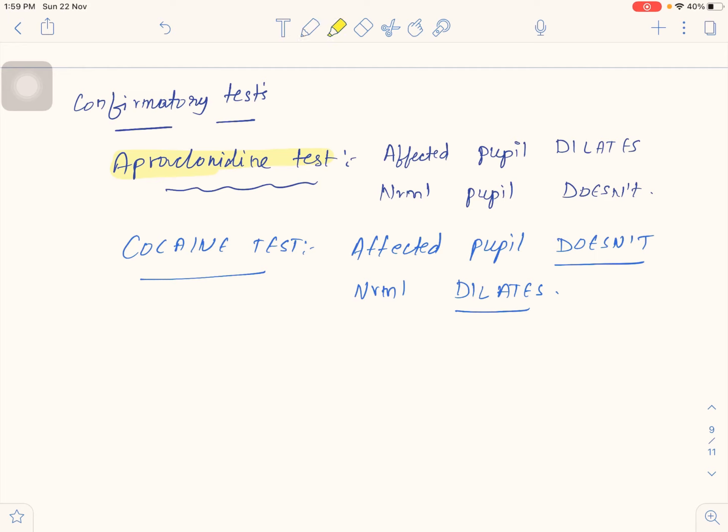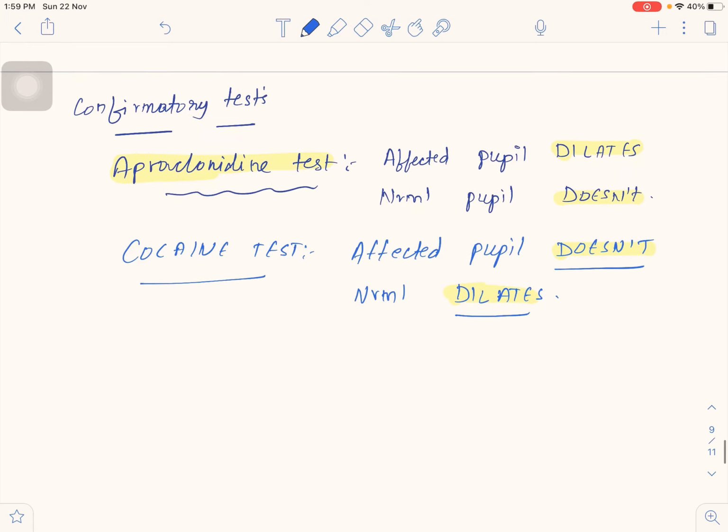So with apraclonidine, the affected pupil dilates and the normal one does not. And coming to the cocaine test, the affected pupil does not dilate and the normal one dilates.